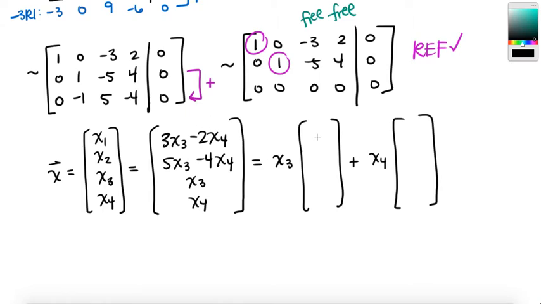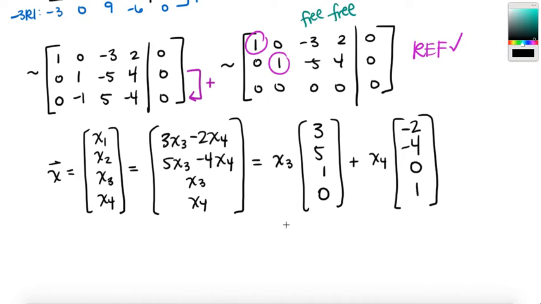Basically, for the x3 column, there's 3 of them here, 5 of them here, 1 of them here, none of them in the last one because it's just x4. And x4 got negative 2 here. In the second entry, it's a negative 4. There's no x4s in the third entry, and there's 1 in that last entry.